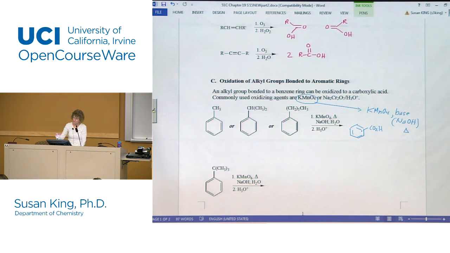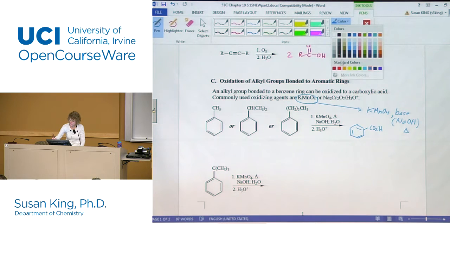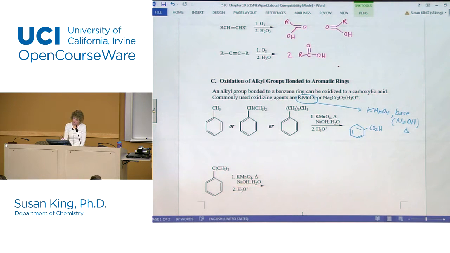What you do need for this reaction to work is a benzylic hydrogen. So here's a benzylic hydrogen here. Here's a benzylic hydrogen here. Here's a benzylic hydrogen here. Must have a benzylic hydrogen.